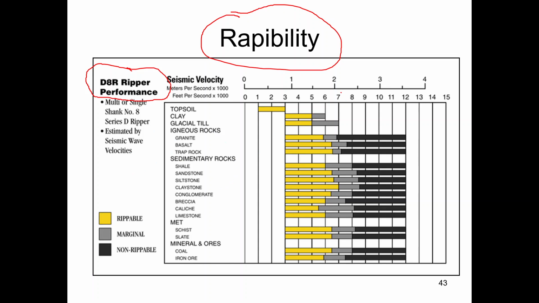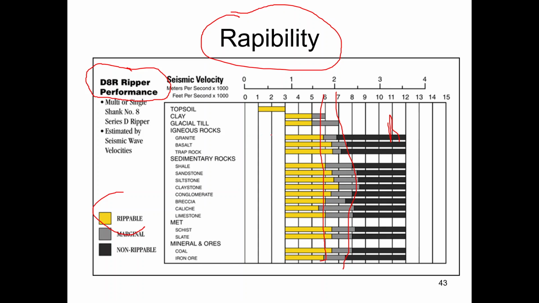If the velocity is normally less than 1000, that soil can be rippable. If beyond that it is marginal, and if more than that it is not rippable. If not rippable, you have to do blasting, use explosive as a method for the earthwork.